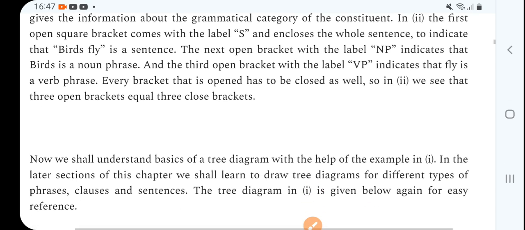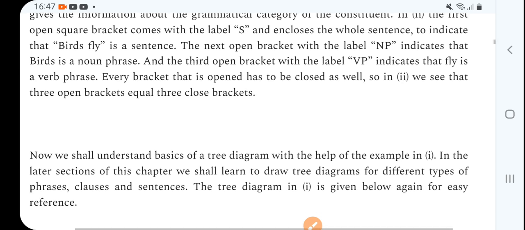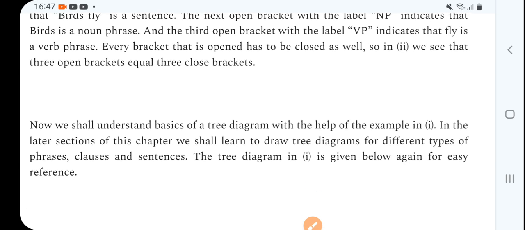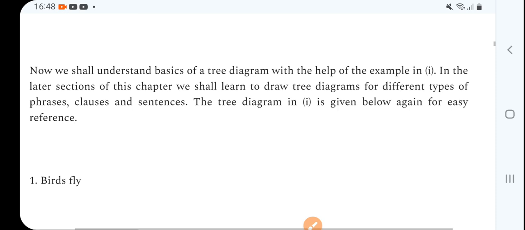Then the next open bracket with label NP indicates birds is a noun phrase, and the third open bracket with label VP indicates fly is the verb phrase. Every bracket that is opened has to be closed as well. So in the second we see that 3 open brackets equal 3 close brackets. I am going to explain that later.